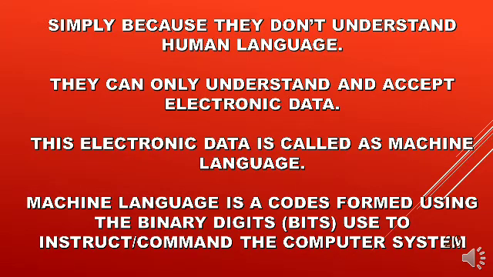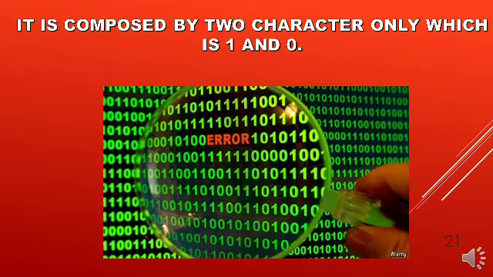They can only understand and accept electronic data. This electronic data is called machine language. Machine language is a code formed using binary digits or bits used to instruct or command the computer system. It is composed of two characters only, which are 1 and 0.